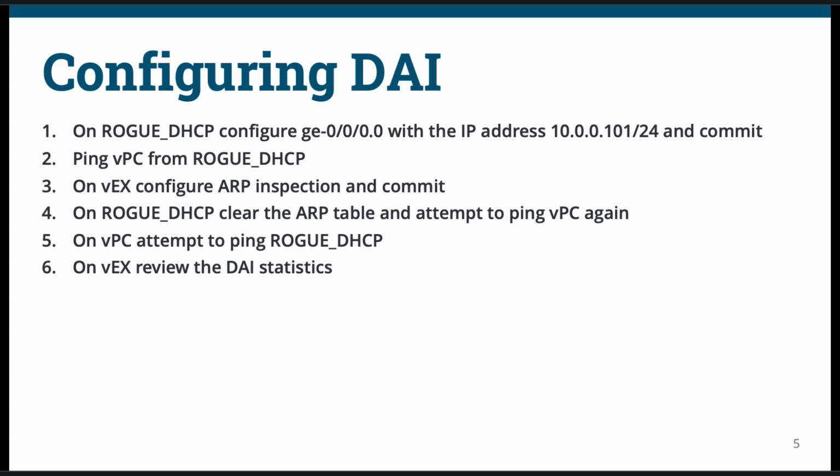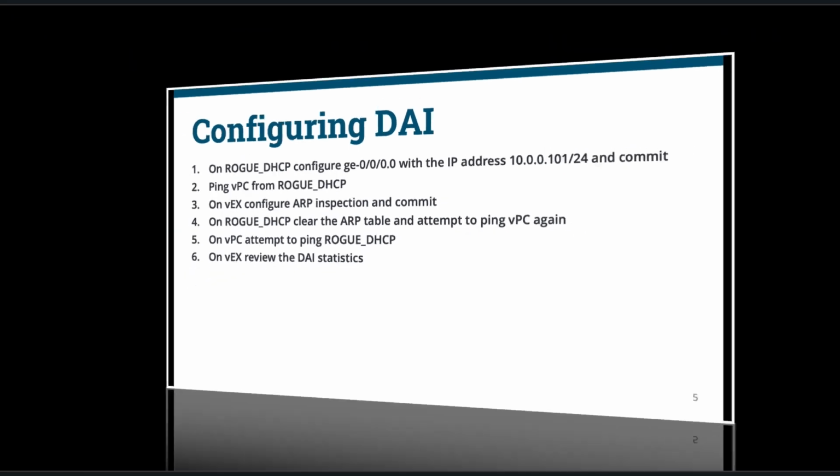This will mitigate ARP poisoning attacks, as well as ensure that only devices which have been assigned an IP address by the corporate trusted DHCP server are allowed to communicate on the network. In this part, we'll configure a static IP address on the rogue DHCP server and ping the virtual PC. We'll then configure DAI and try pinging again after clearing the ARP table and see what happens.